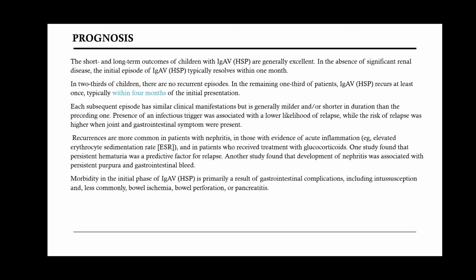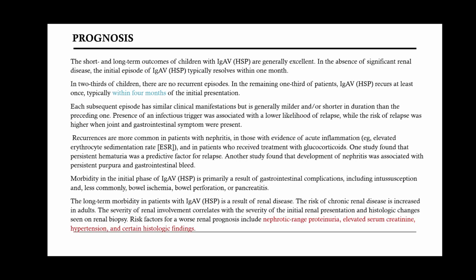Morbidity in the initial phase of IgA vasculitis is primarily a result of gastrointestinal complications, including intussusception and, less commonly, bowel ischemia, bowel perforation, or pancreatitis. The long-term morbidity in patients with IgA vasculitis HSP is a result of renal disease. The risk of chronic renal disease is increased in adults.